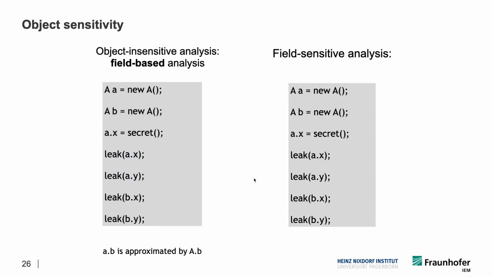But now first, let's actually not yet look at object sensitivity. Let's first look at, again, a field-based and a field-sensitive analysis. In a field-based analysis, such a field access or access path, you could also say, a.b, is approximated by capital A.b, if you remember, right?